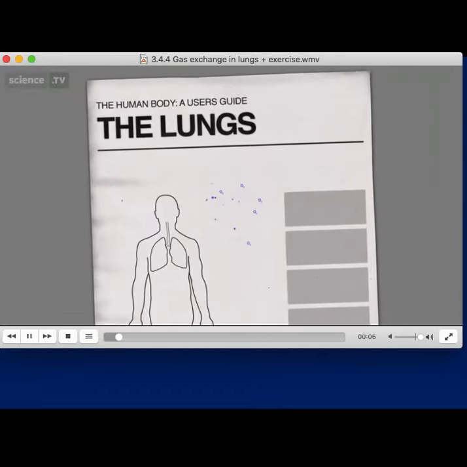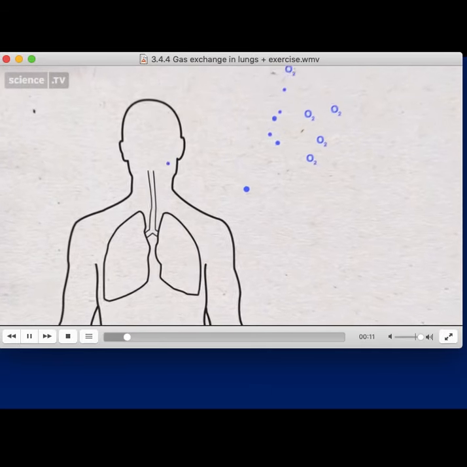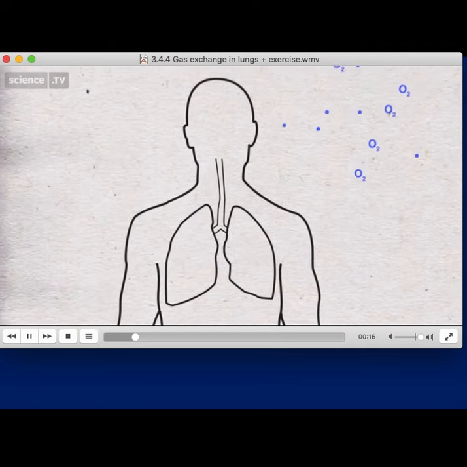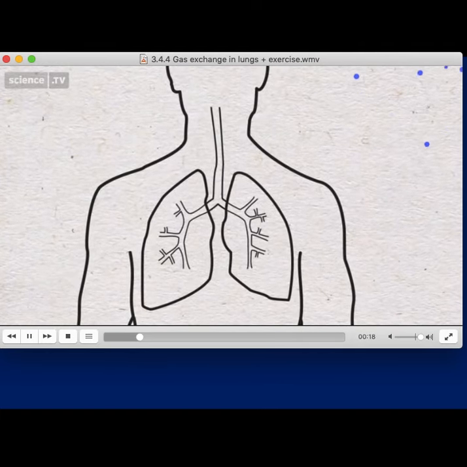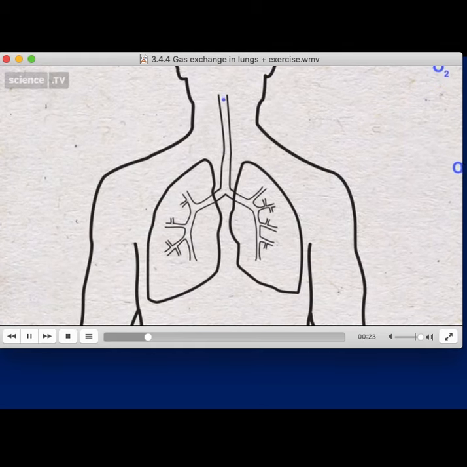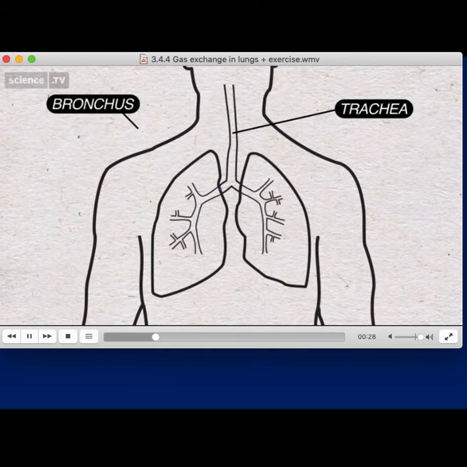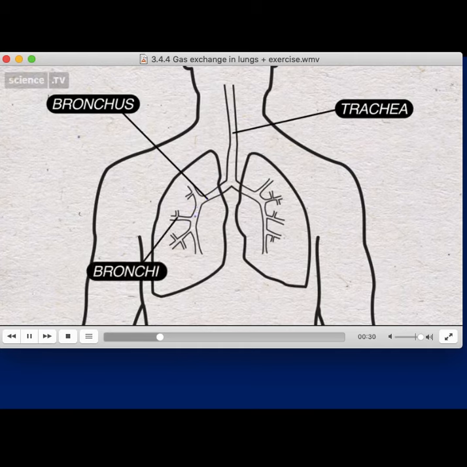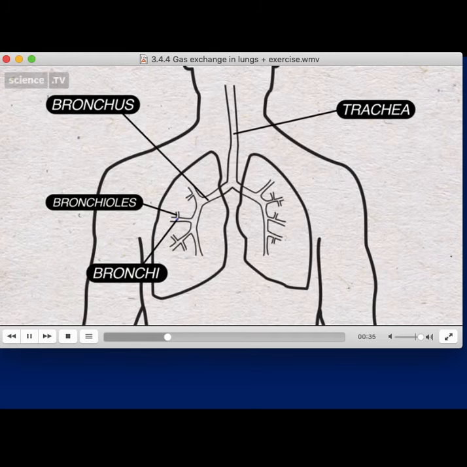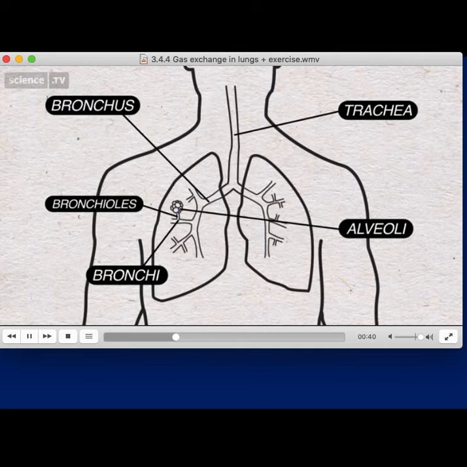Right! So what do you reckon goes on in your lungs when you exercise? Your lungs are a bit of genius. They're designed to collect invisible fuel that's found in the air, and that's oxygen. As we breathe in, air travels down the trachea, bronchus, bronchi, to the tiny bronchial tubes. And the whole point of this is to get fresh air into the alveoli.